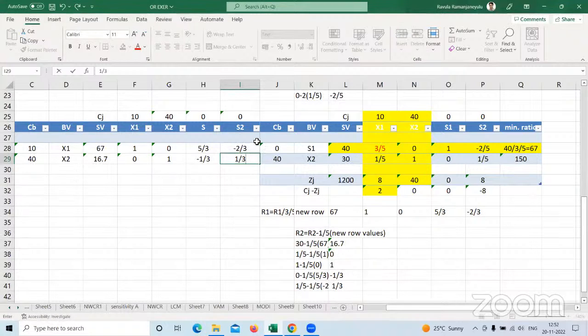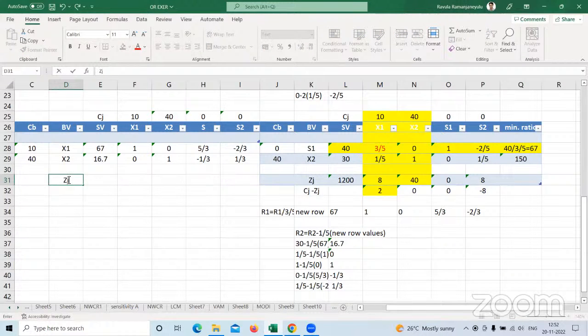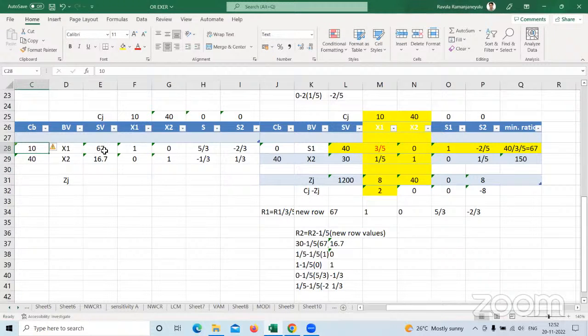Any doubt? No doubt, sir. Now what to do? Again the same procedure as I told you, ZJ. Now ZJ, how to calculate? 10 into 67 plus 40 into 16.6.